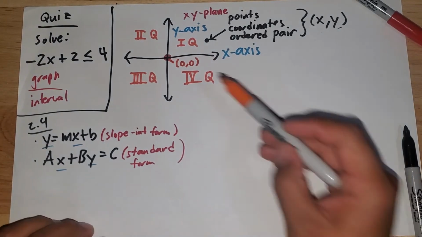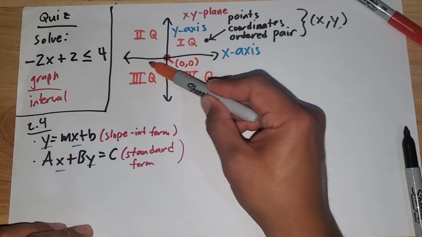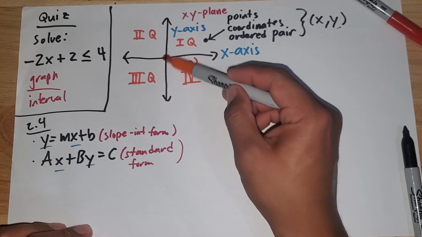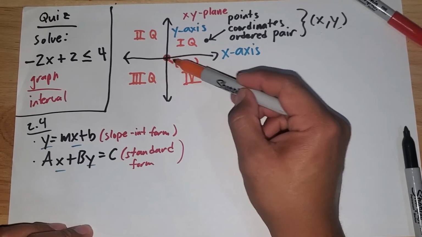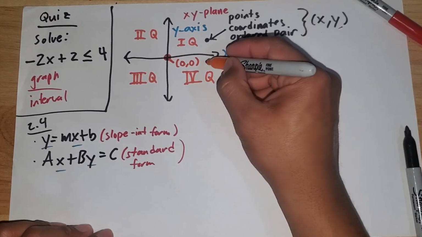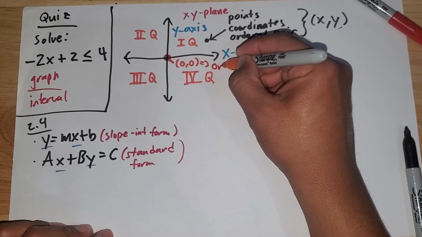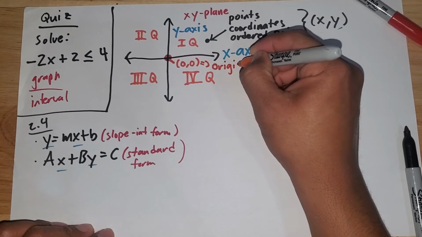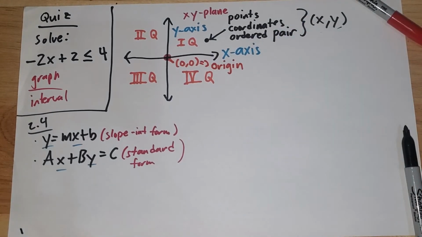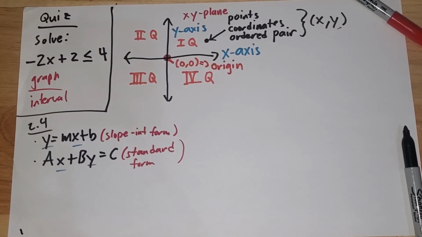So that means you have not done anything to left or right, or you have not moved this coordinate ordered pair or point up or down. And this has a very particular name, and it's known as the origin. It's like the point where these 2 axes intersect each other.